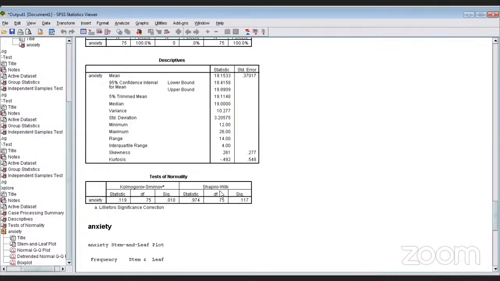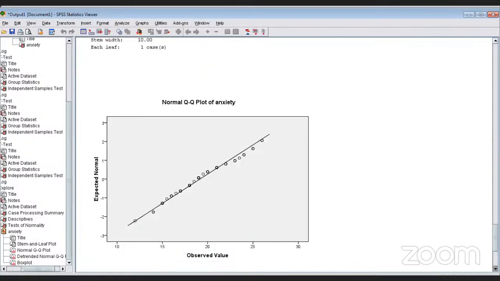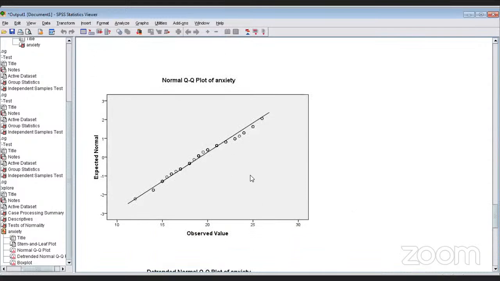But according to Shapiro-Wilk, it is normally distributed, because the error is 11.7%. And according to Kolmogorov, it is not normal because the error is 1%. So you can take it to be normal, no problem at all. And you can see that mostly all of these values are on the line, not much deviation from the line. So you can take it to be normal, perfectly correct, nothing wrong in that.